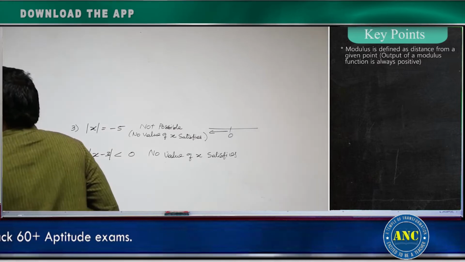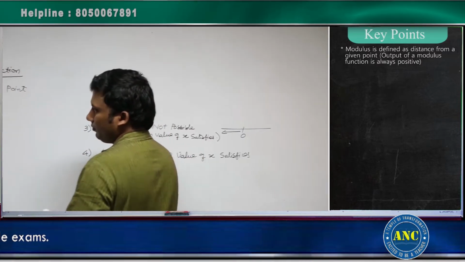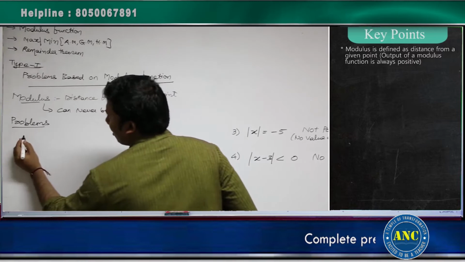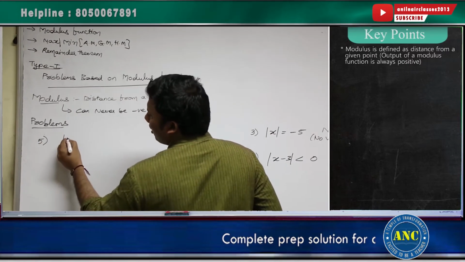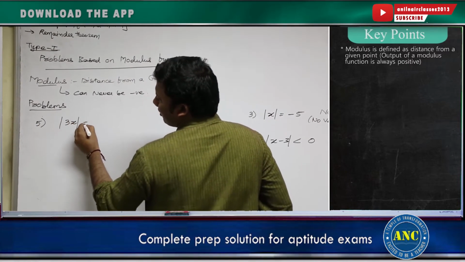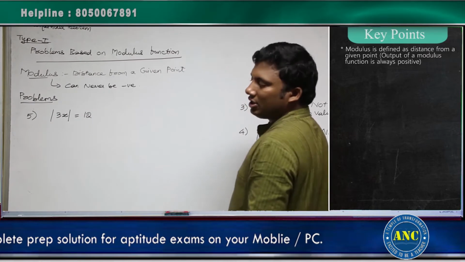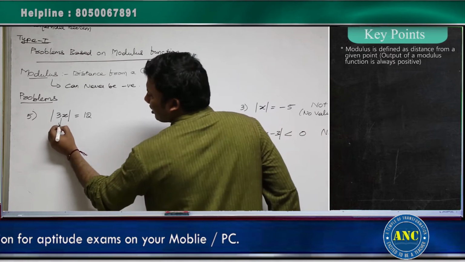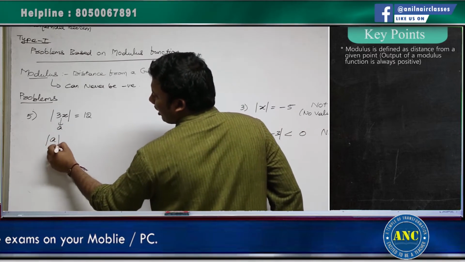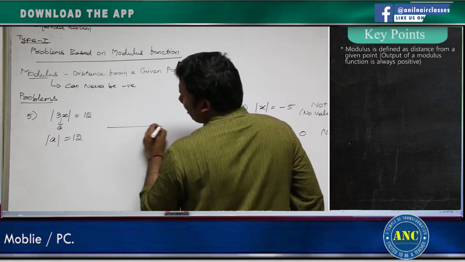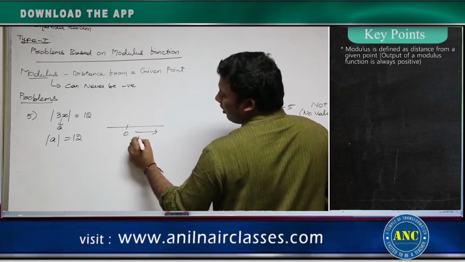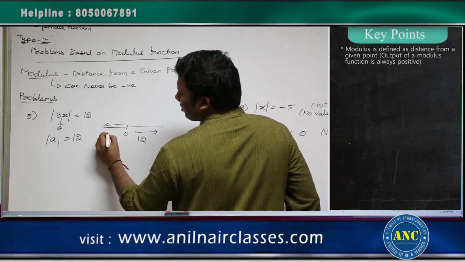Fifth one. Very easy questions we will solve, then we will solve very difficult. Mod 3x equivalent to 12. Call this 3x as a. Mod a equivalent to 12. A is there at point 0. 12 units forward, 12 units backward.